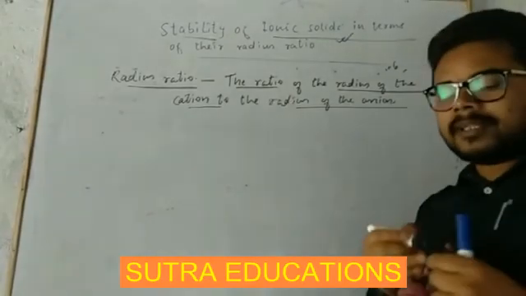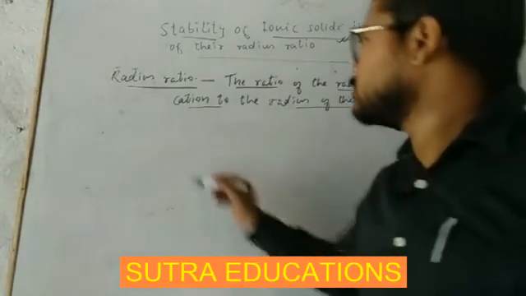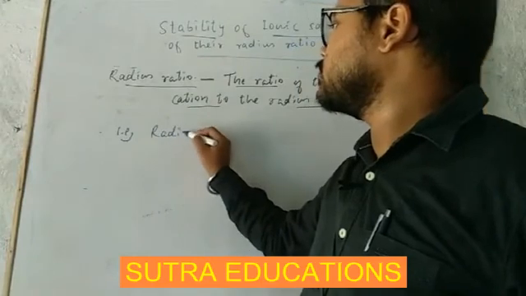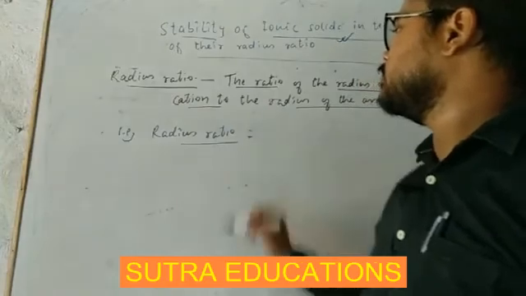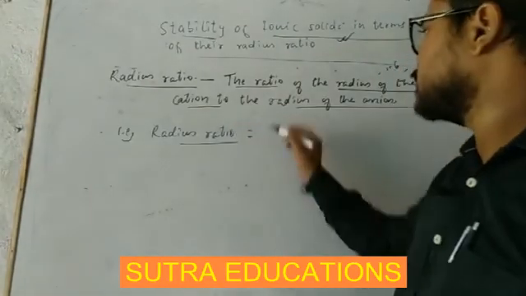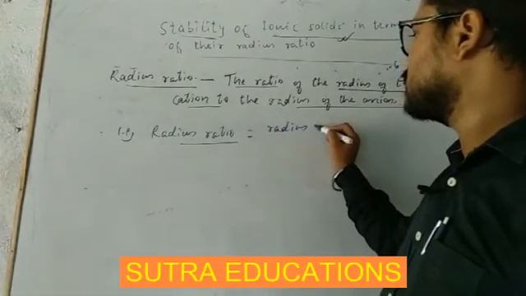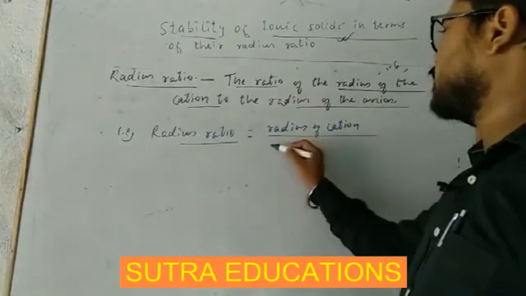So we can say radius ratio is equal to size of cation, means radius of cation, upon radius of anion.